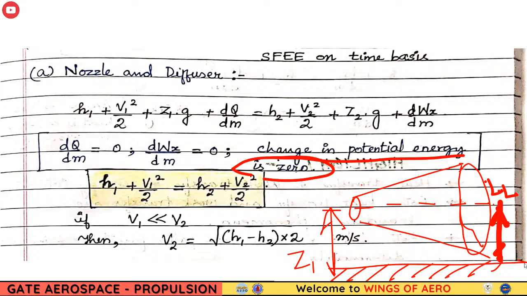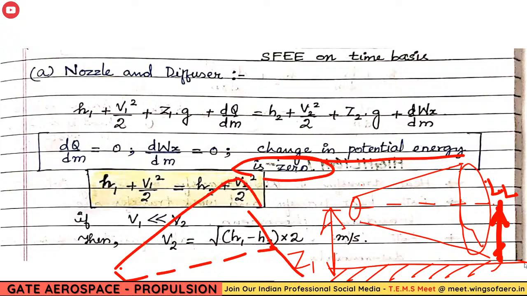But it's not necessary that it always has to be zero. In case there is some inclination, maybe you have something like this, then your datum line from here to here will be different. Here it is Z2, here it is Z1.